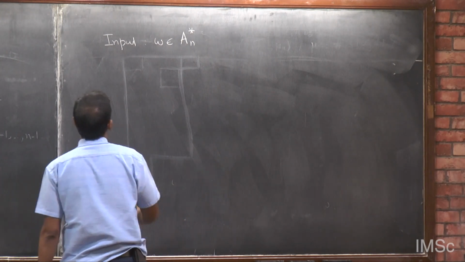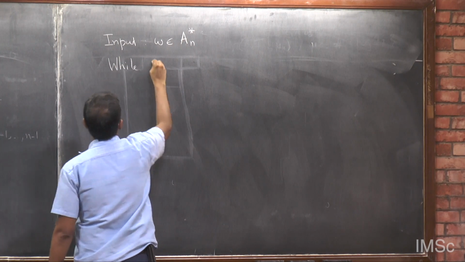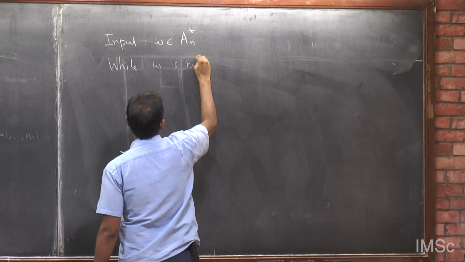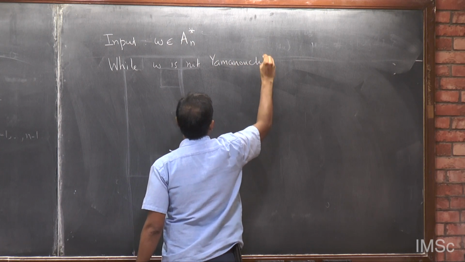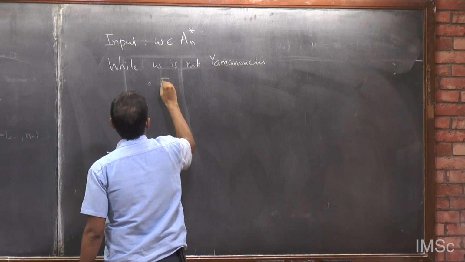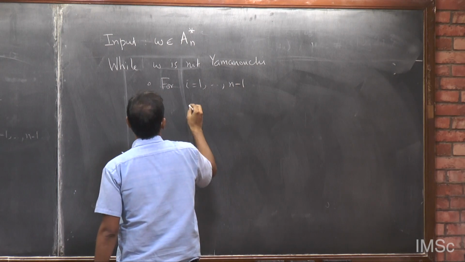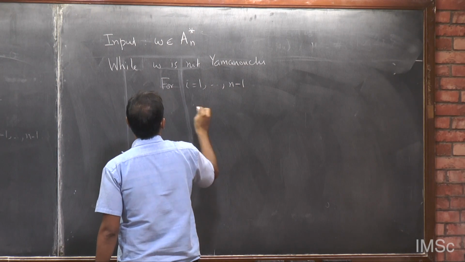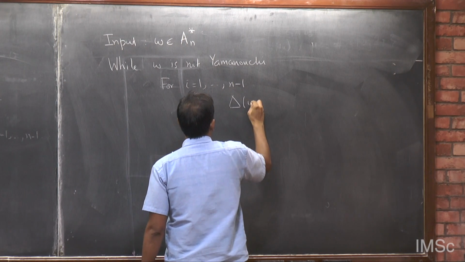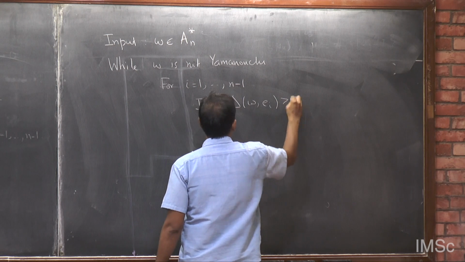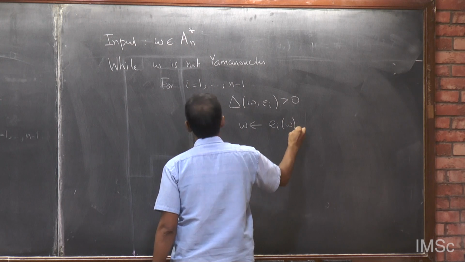Then while W is not Yamanouchi, what you do is, for i goes from 1 to n minus 1, if delta W e_i is positive, you replace W by e_i W.